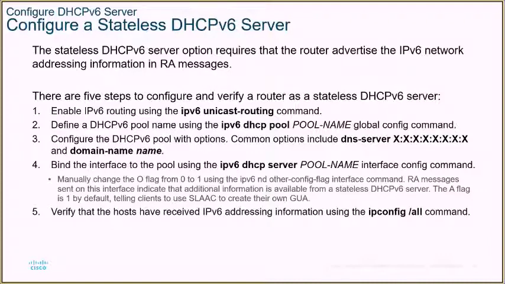You then need to bind the interface to the pool using the IPv6 DHCP server pool name command. And of course, you need to make sure that the O flag is set to 1. Verify the hosts have received the addressing information with the ipconfig /all command.